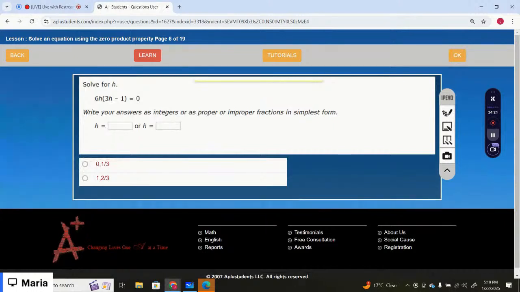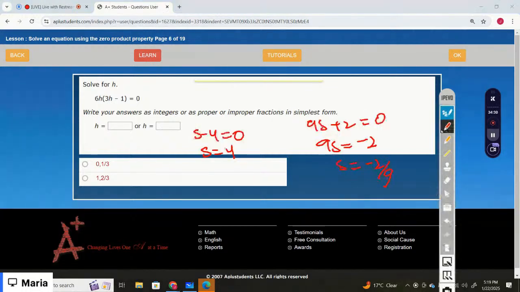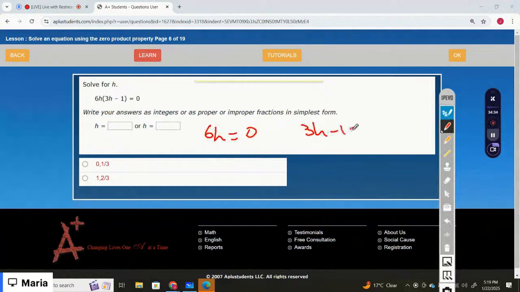Solve for H. That is 6H equals 0 and 3H minus 1 equals 0. So which is the correct option?